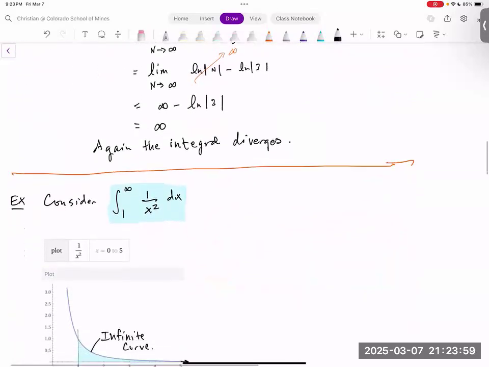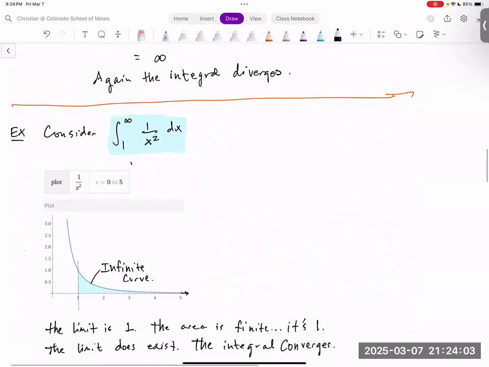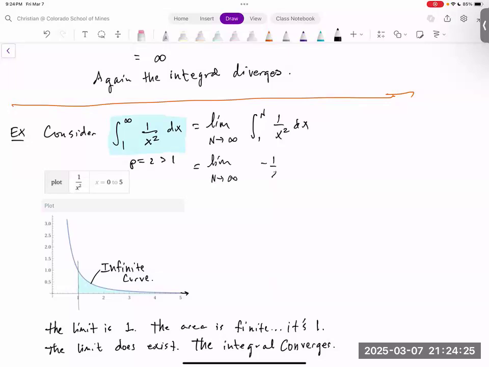Let's consider another p integral here. P is equal to 2. So here p is equal to 2, which is bigger than 1, not less than or equal to. If we set up our limit, n gets big, 1 to n, 1 over x squared dx. With the power rule, we will have the limit going to infinity, negative 1 over x from 1 to n.